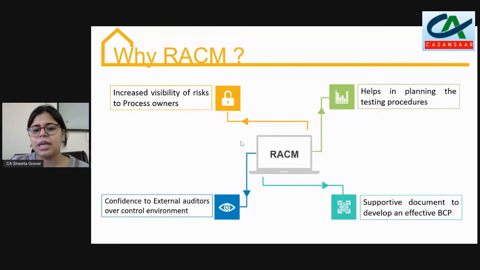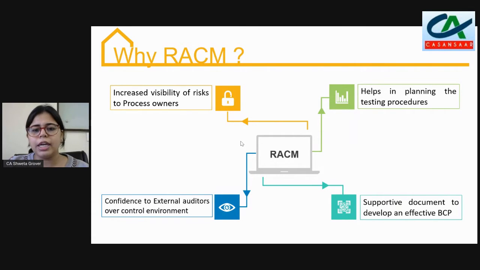This helps the organization plan an effective BCP because it has all the risks and controls. Let's suppose they have 10 risks to their operations: what are the controls in place against those risks, are those controls effective, or does the organization need other control processes to mitigate the related risk?